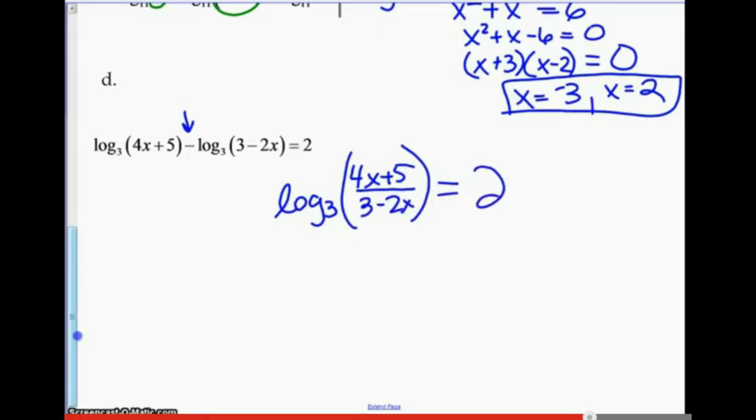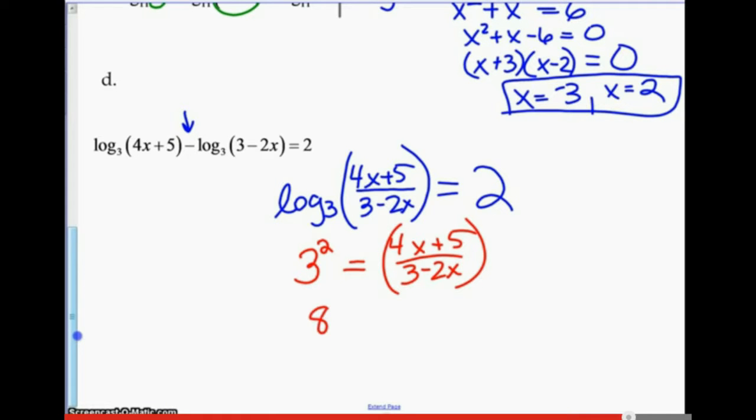And now that equals 2. Now I don't have a log base 3 equals a log base 3, I just have the one. So what I can do now is change it into exponential form. What we really have is 3 to the second power must equal this 4x plus 5 over 3 minus 2x. So that whole grouping.